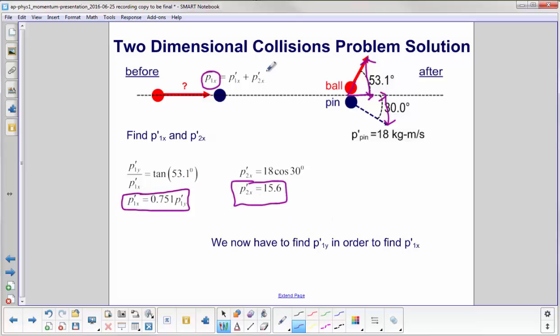Okay, that's great. We've got this term over here. Now P prime 1x is now expressed in terms of P prime 1y. So our next step is to find that value.